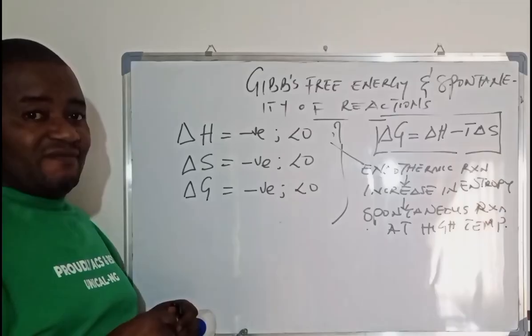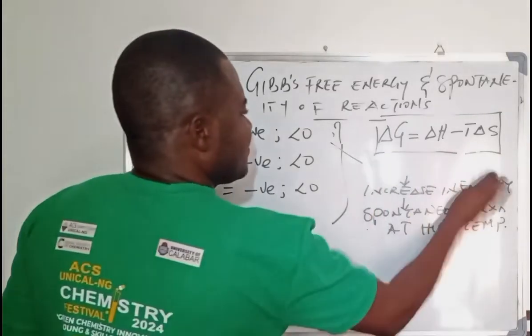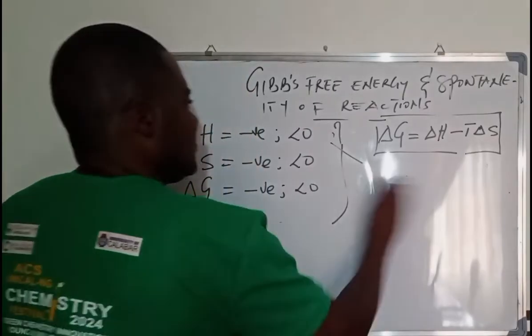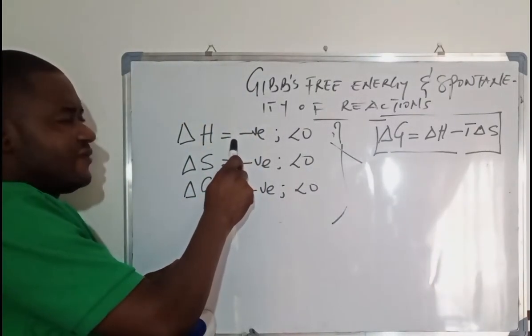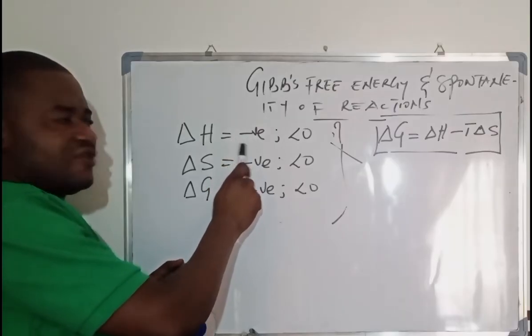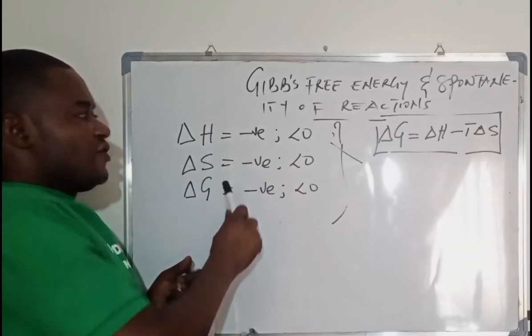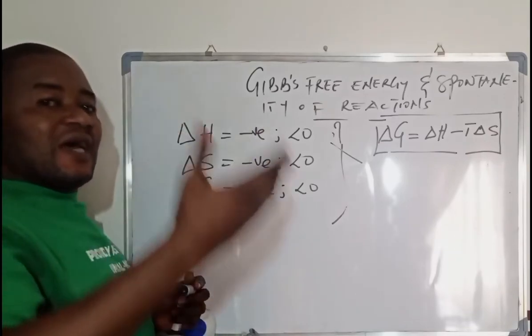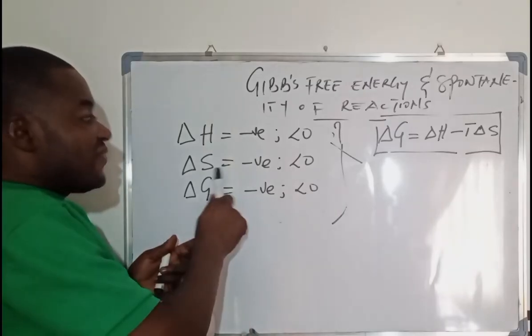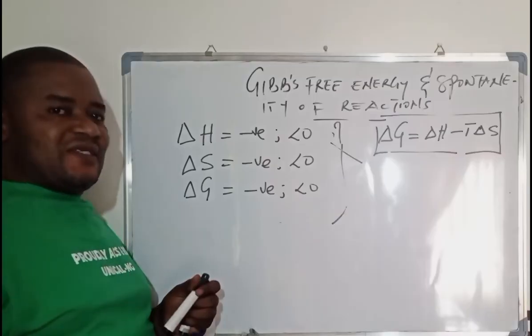It is very possible that where you have an exothermic reaction, because this delta H is negative, so heat is given out of the system, it will definitely reduce the entropy of the system.